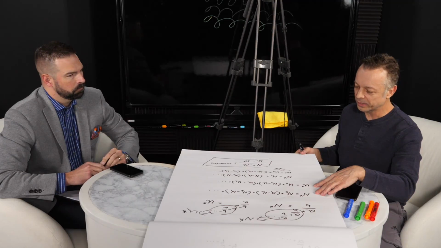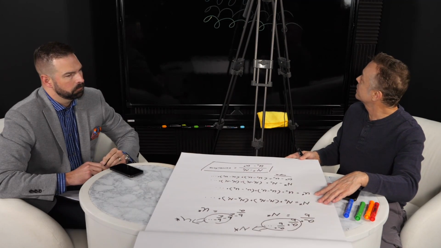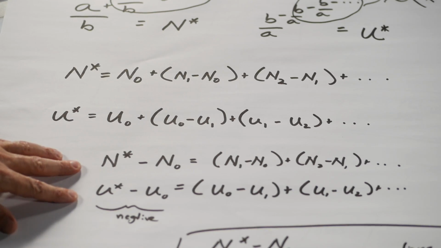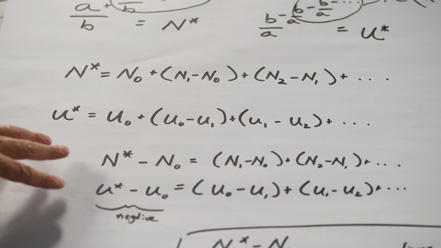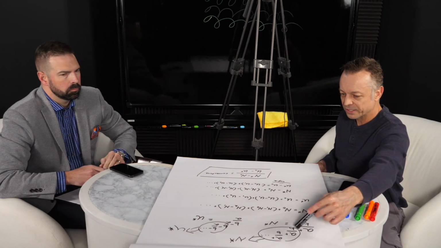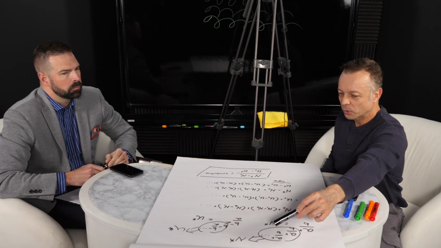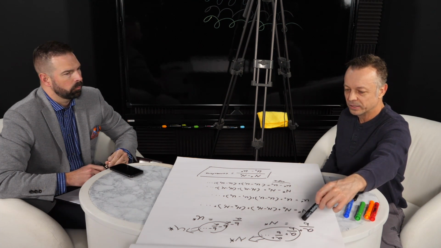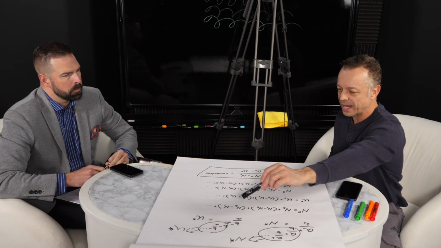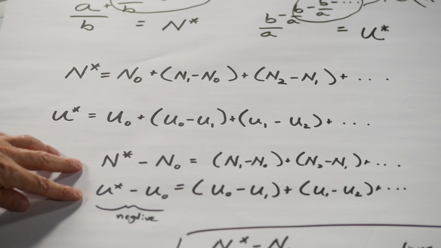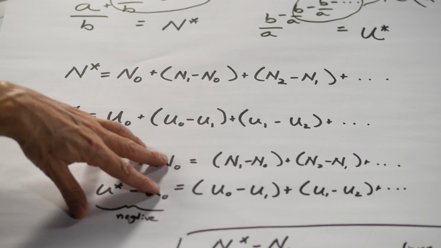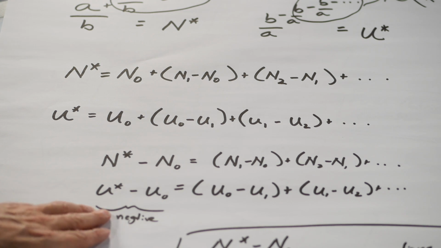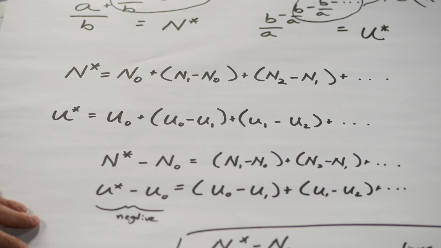And then we played around with the series a little bit and showed how we could actually get these two equations, where we're basically just dealing with this little extra continuum of infinitely smaller and smaller components that get added to create n star or subtracted to create u star. We're able to isolate those little components, and because this ends up being a negative number, we need to run a reverse sign through it.